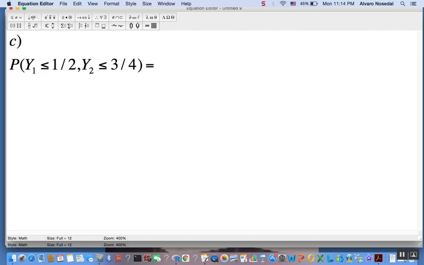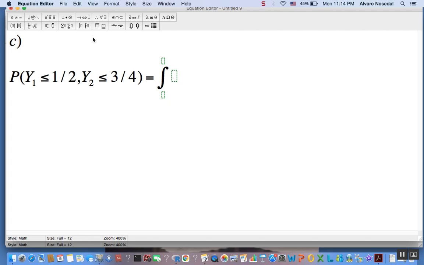Okay, so a double integral of our joint probability density function. Now we know that we have a constant here for y1, y2, and here we just have from 0 to 3/4.